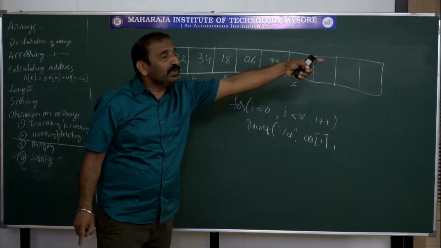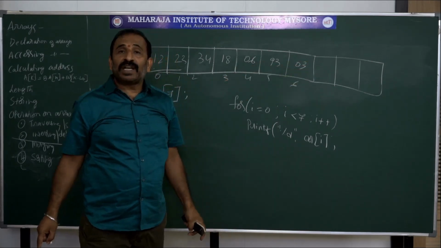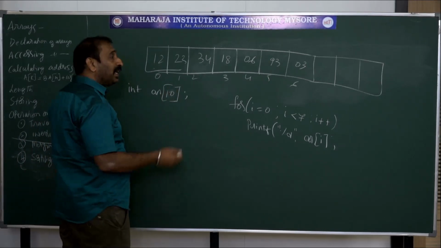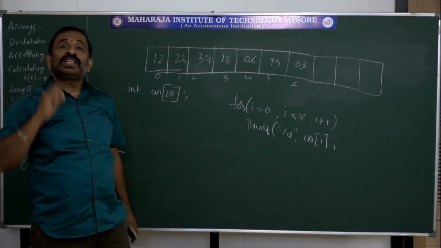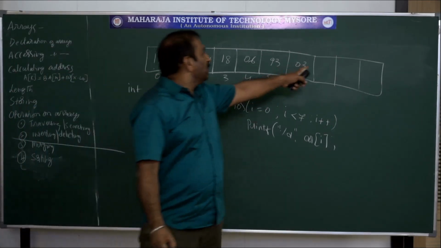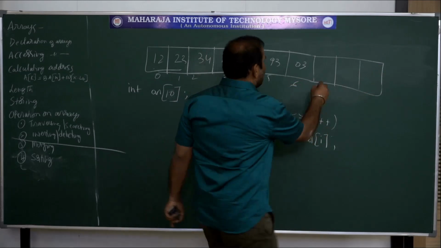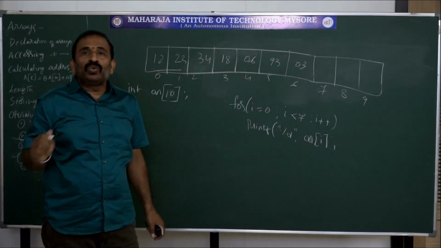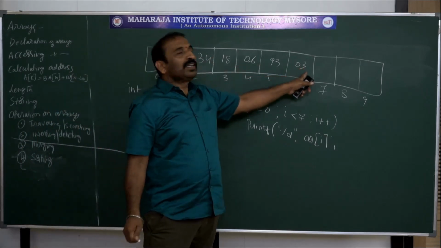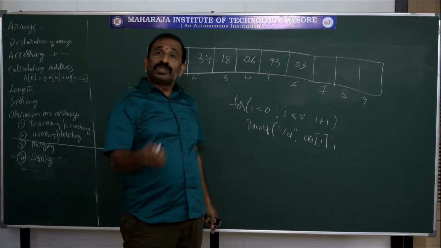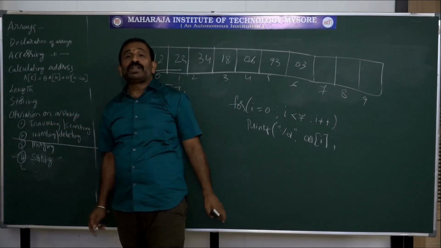Like this, I have declared this as ar of 10, but the length is only 7 because only 7 elements are stored. Remaining 3 are empty, right? 7, 8, 9 are empty. Then you will be traversing usually till the last element is there. So this is what you are supposed to do in case of traversing.